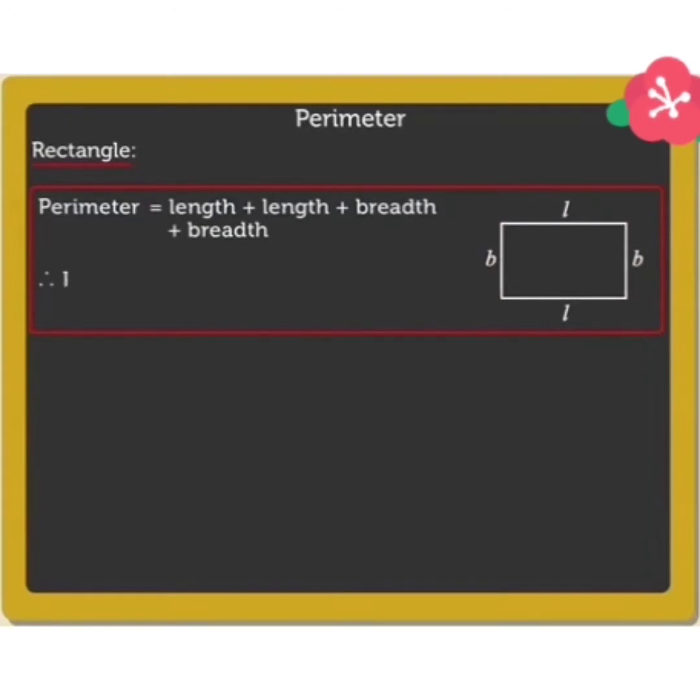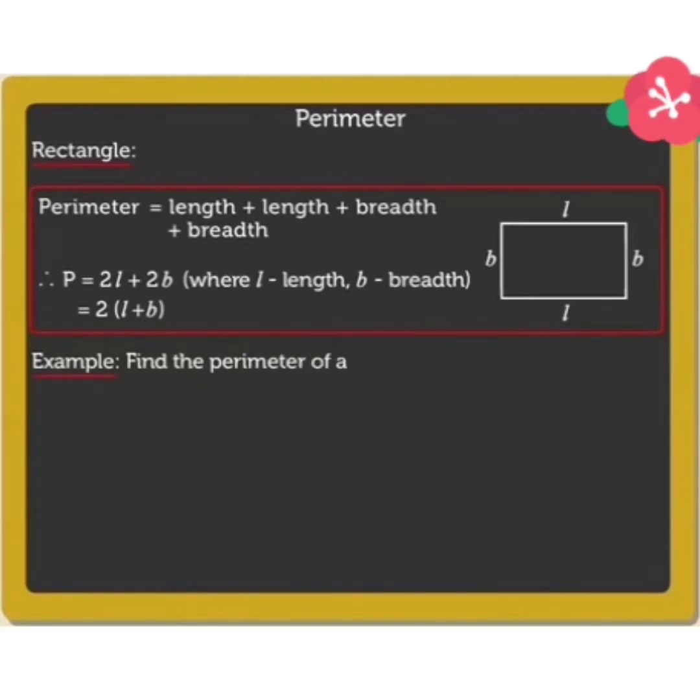Therefore, perimeter is equal to 2 into length plus 2 into breadth, where L is length and B is the breadth, which is equal to twice of length plus breadth.